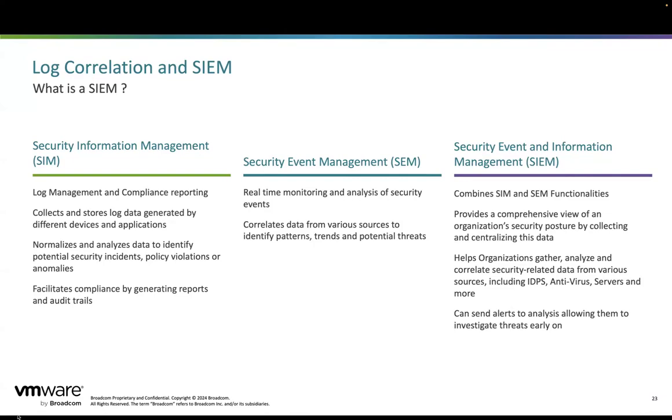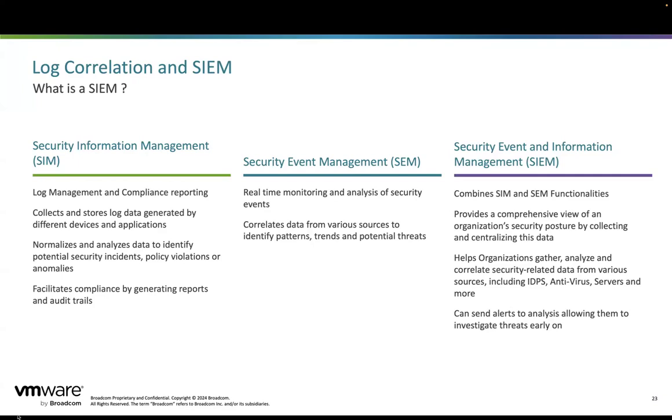So security event and information management, put them all together, combines the SIM and the SEM functions. This provides a comprehensive view of an organization's security posture by collecting and centralizing this data. This helps organizations gather, analyze, and correlate security-related information from a variety of sources, including, but not limited to, IDS, IPS, antivirus, servers, firewalls, and more.